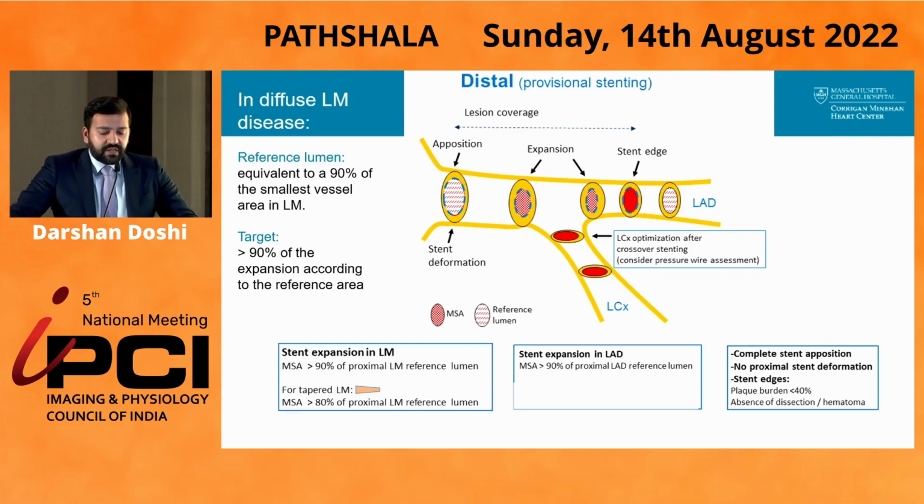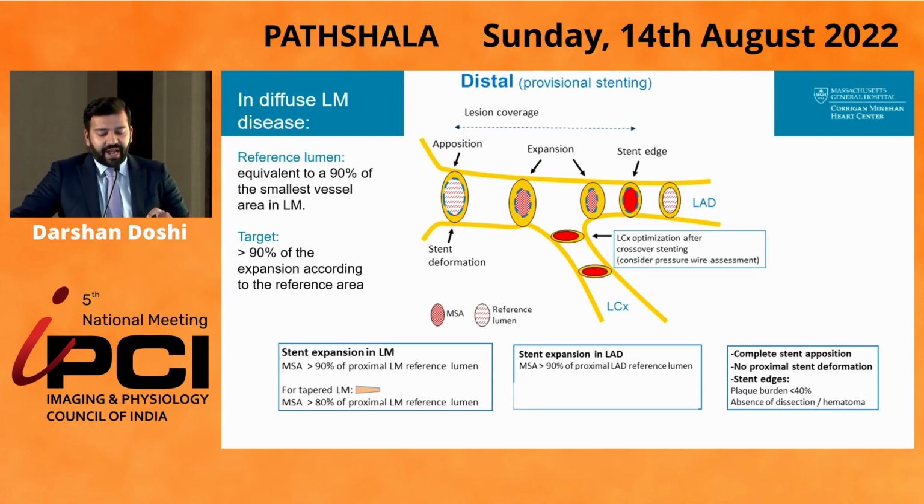Now, when you're going to do distal left main treatment, and you're going to stent via a provisional approach, again, the stent in the left main, you're going to use the same criteria. But you now have to use the proximal left main as your reference.